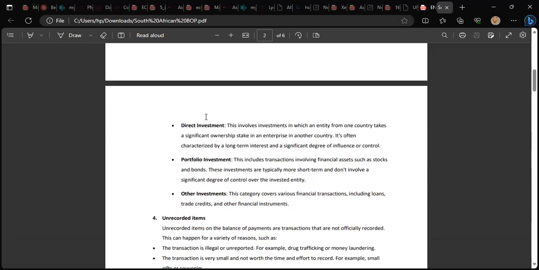But what is direct investment? With direct investment, you are looking at a certain degree or level of influence that you want to exercise in a company, which is high. So you're looking at an ownership stake, a huge stake, something above 10% can pretty much fall under direct investment. This is when you're looking at huge companies, of course.